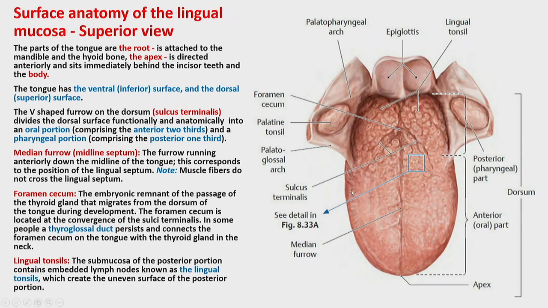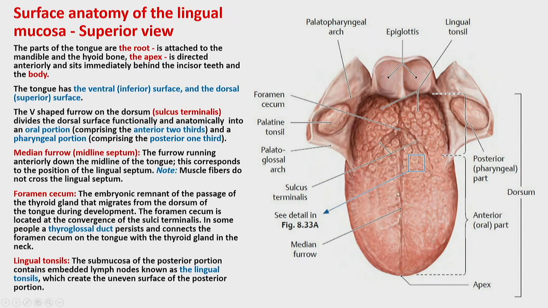In the dorsal surface, you see a very important groove which looks like a V, a V-shaped groove or furrow. This groove is called the sulcus terminalis, or terminal sulcus.